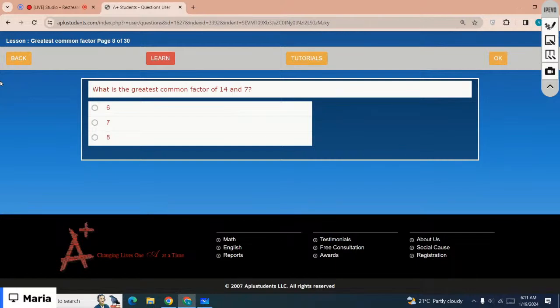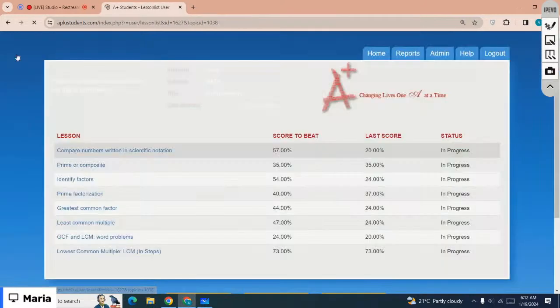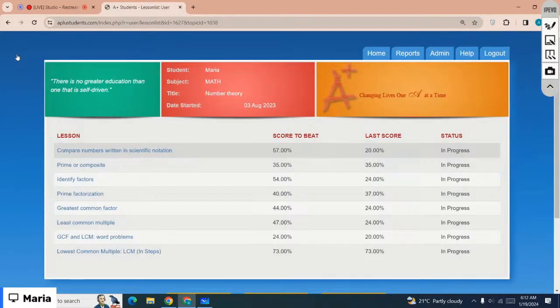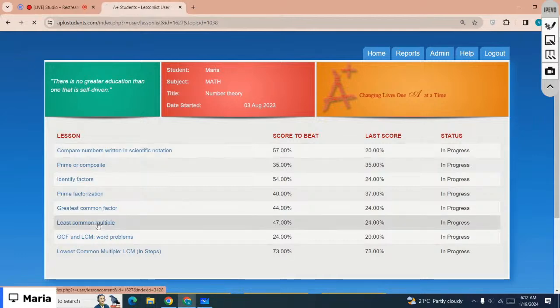Which is the correct option? That is 7. Okay, you can complete the lesson by yourself later today. Let me move on to the next lesson, and the next lesson is least common multiple.